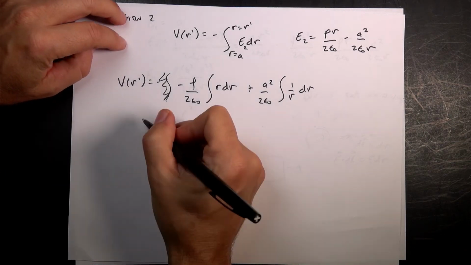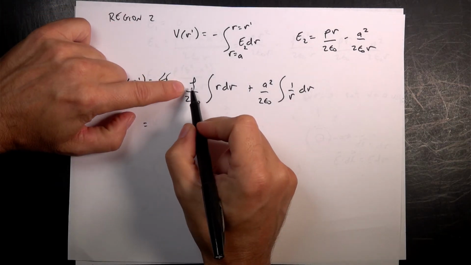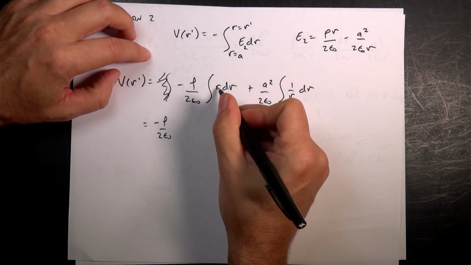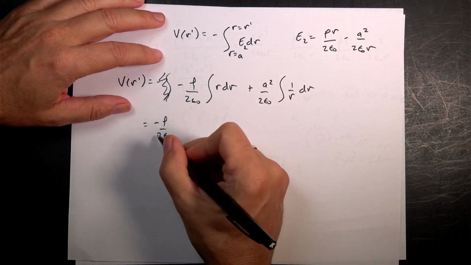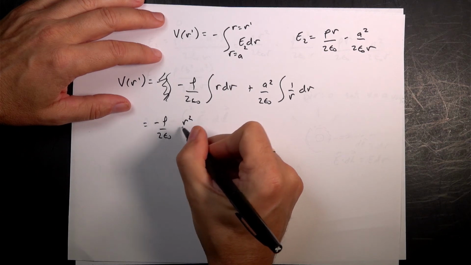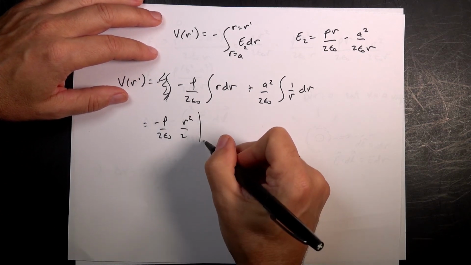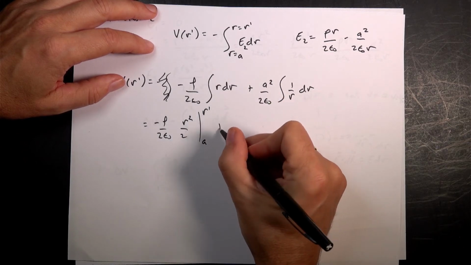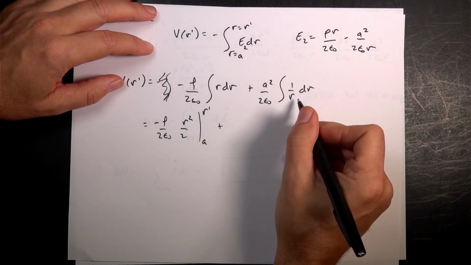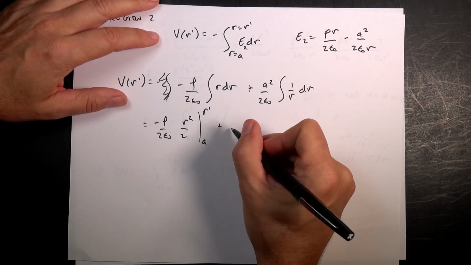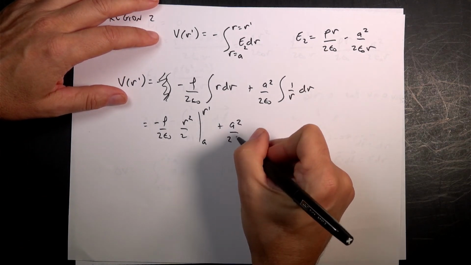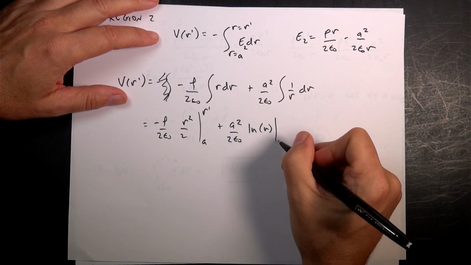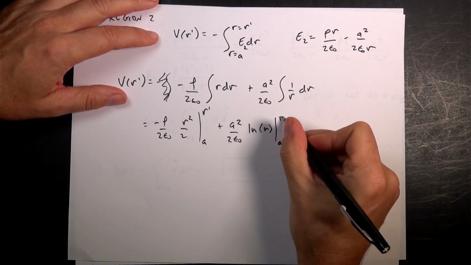Okay, let's just integrate. So here I get negative rho over 2 epsilon naught. The integral of r is r squared over 2. So I get r squared over 2 from a to r prime. And then plus the integral of 1 over r is the natural log of r. So I get plus a squared over 2 epsilon naught ln of r from a to r prime.